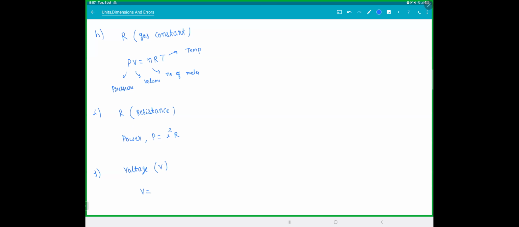Ohm's law. V is equal to IR. Get these three things. So mechanics things are actually easy. Once you start bringing in thermodynamics and everything, then things start getting a little messed up. The thing is, you should know the formulas. But by the time the portion gets over, you'll know all the formulas.